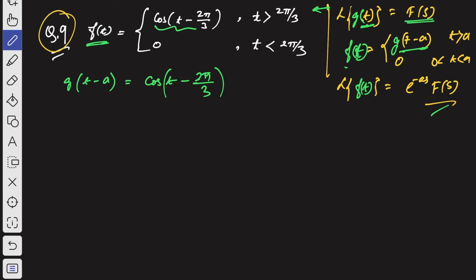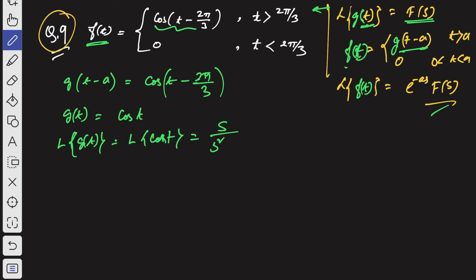So now in that case, g of t should be cos t, right? So Laplace transformation of g of t, in this case, is equal to Laplace transformation of cos t, and what is the Laplace transformation of cos t? That is s by s square plus 1 square, that is 1, right? So this is our capital F of s, function of s.